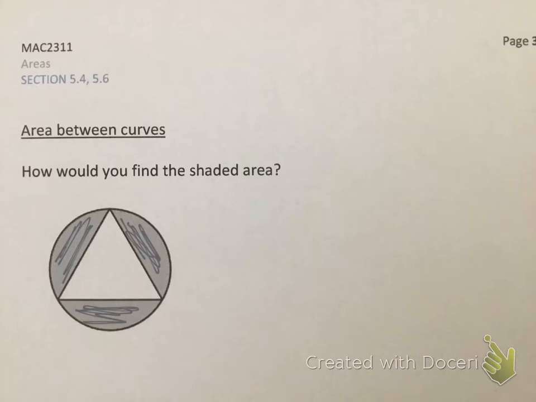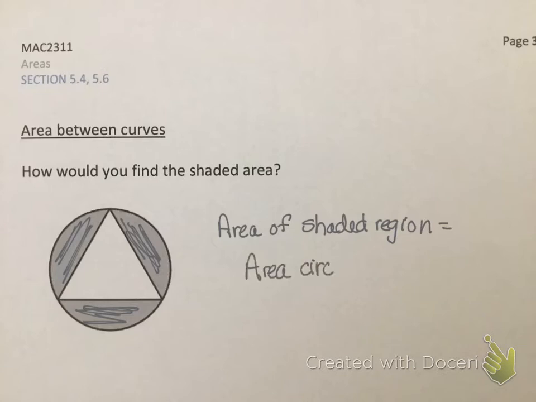Would you guys agree that the area of the shaded region will equal the area of the circle minus the area of the triangle. Does that make sense to everybody? That idea of finding something by subtracting is going to be important to us.